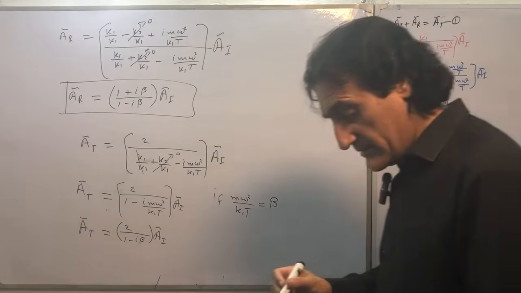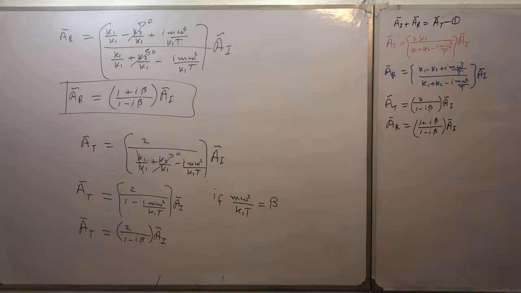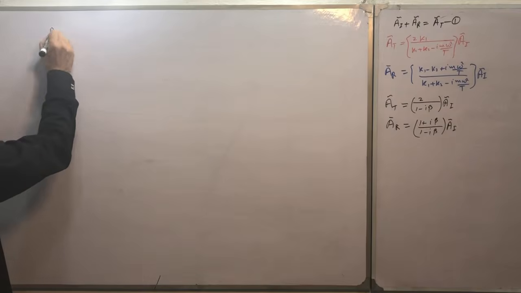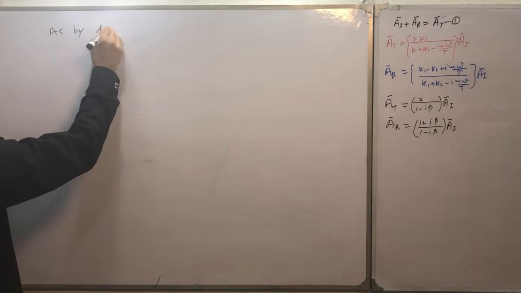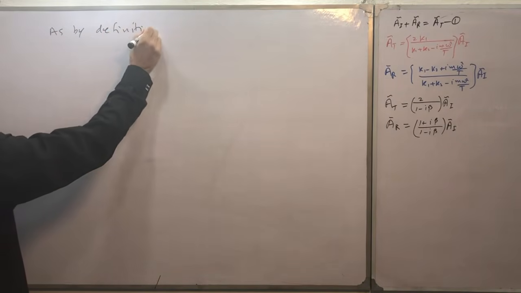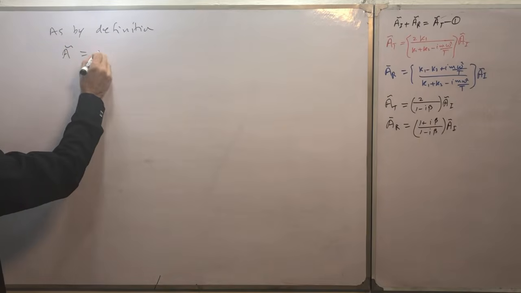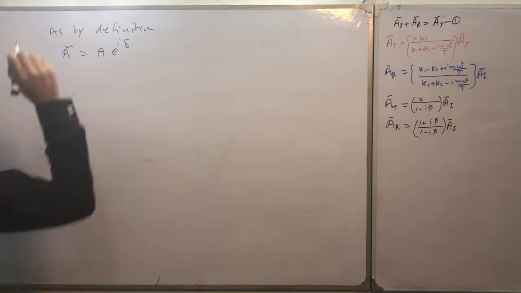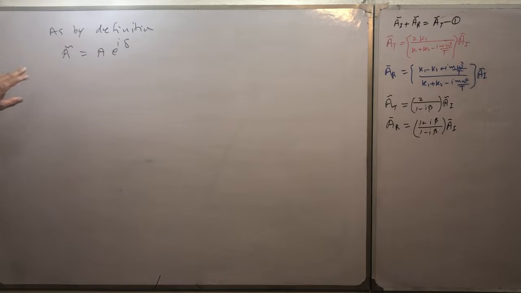So we have all these equations, as by definition A tilde is equal to A e to the power iota delta. This is the definition because this is a complex one. A tilde is the complex one.